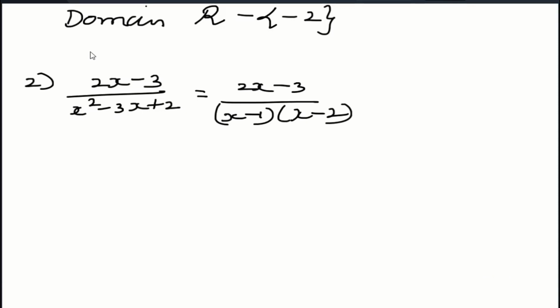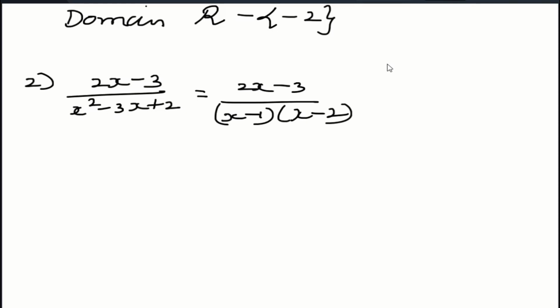Again, clearly, the function will be well defined if and only if the denominator is not equal to 0. I am not bothered about the numerator because 2x minus 3 can take any value. But the denominator should be nonzero, and that is what we need to check.